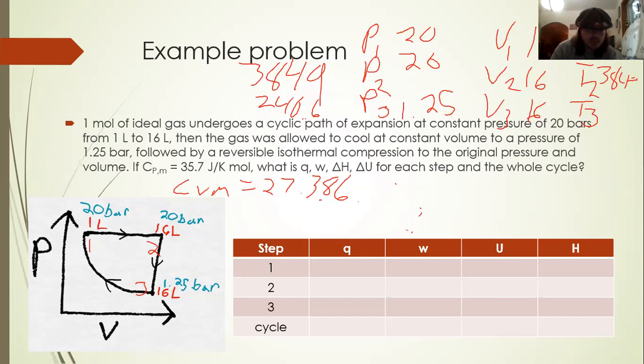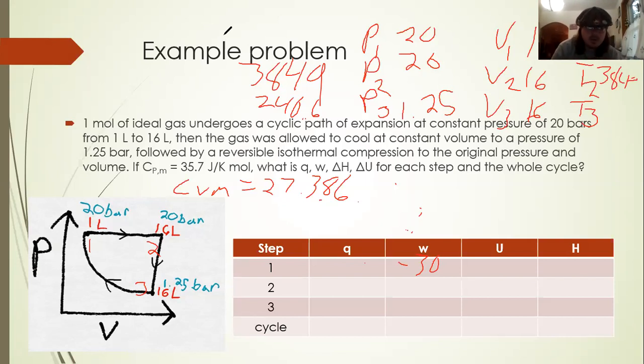So expansion of 15 liters at an external pressure of 20. So we have a change in 300 times 100. So it's negative 30 kilojoules. Negative 30 kilojoules.